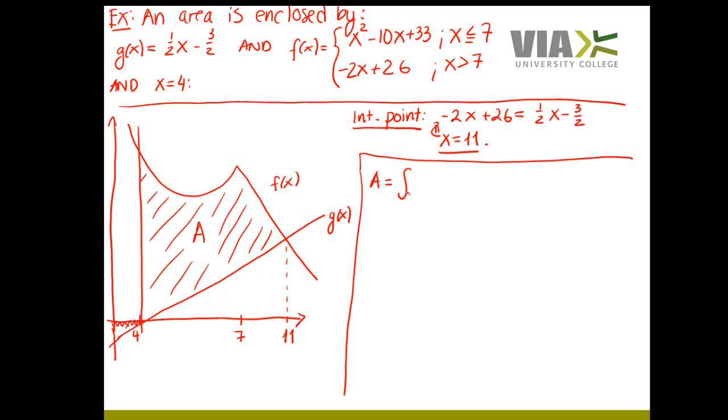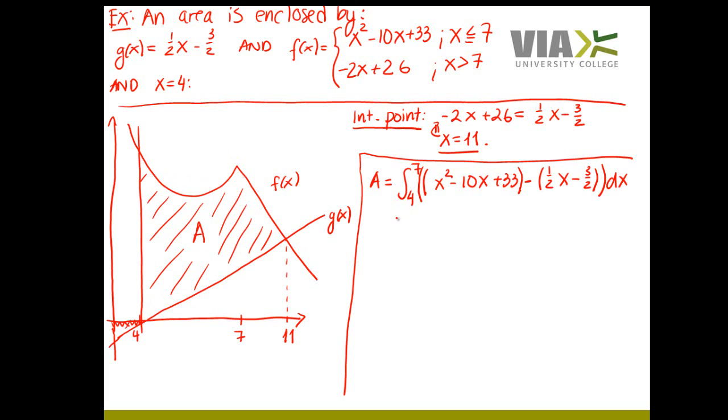So that must be from 4 to 7 of f(x), and in that interval f(x) is defined as x squared minus 10x plus 33, subtracted with the lower function g(x), which is defined as half x minus 3 over 2, dx. So that was the first area here, which we have calculated here.